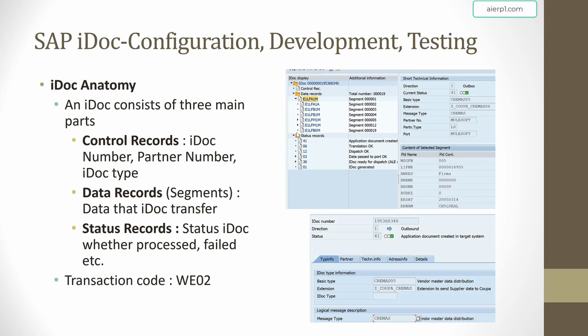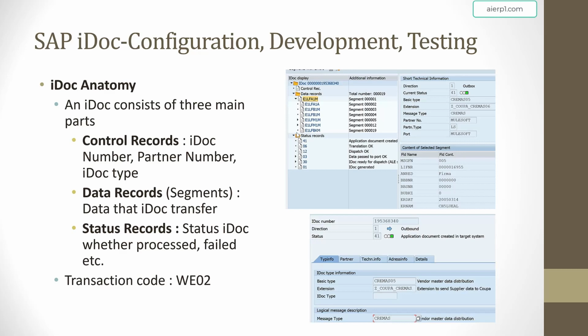Then the type of iDoc. You can have different types of iDocs. We will discuss them in detail, like iDocs to transfer the customer master data, vendor master data, cost center data, transactional data like customer invoices, vendor invoices, material master, sales orders, etc. Many types of iDocs.